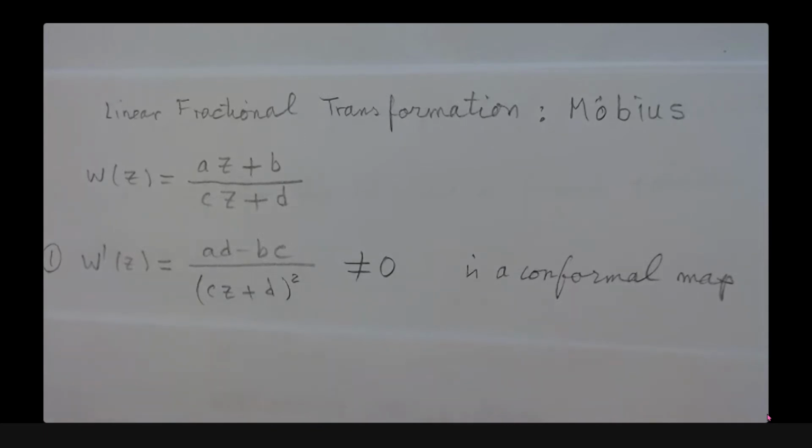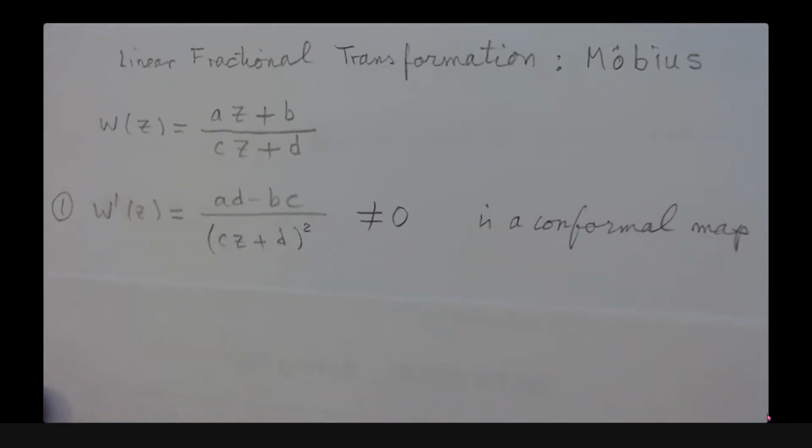Derivative not zero. Remember last time when I talked about conformal mappings, a function is conformal at certain point if and only if derivative be non-zero. That means this linear fractional transformation is a conformal map. That is our first observation.